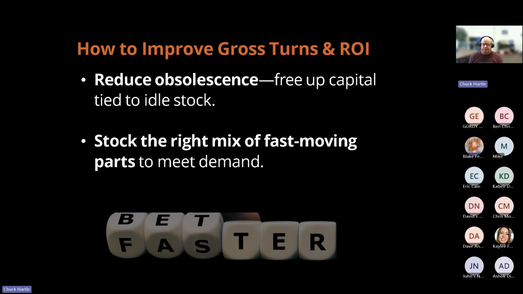How to improve gross turns and return on investment? Well, reduce obsolescence. Look at your excess inventory. We saw some days supply go up and turns go down a couple of years ago, and some of you may be General Motors and you're on here. We also had it with Chrysler as well. You guys went through a strike, and the depots closed down, and there was a lot of trading amongst dealers and whatnot.